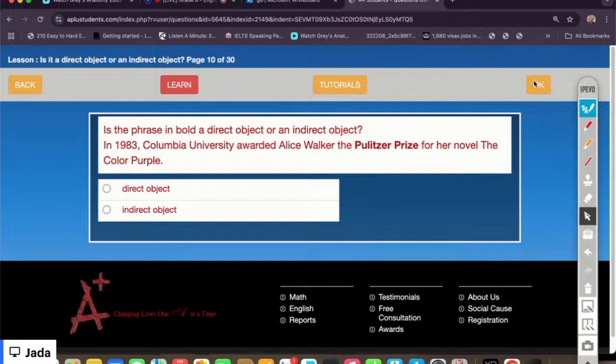In 1983, Columbia University awarded Alice Walker the Pulitzer Prize for her novel, The Color Purple. What is this?